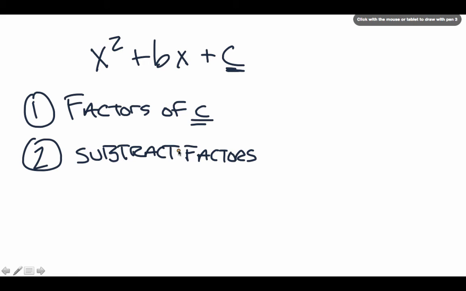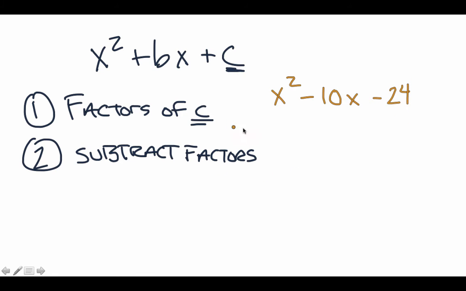So, if I had something like x squared minus 10x minus 24, I'm going to take the factors of 24, 1 and 24, 2 and 12, 3 and 8, 4 and 6.